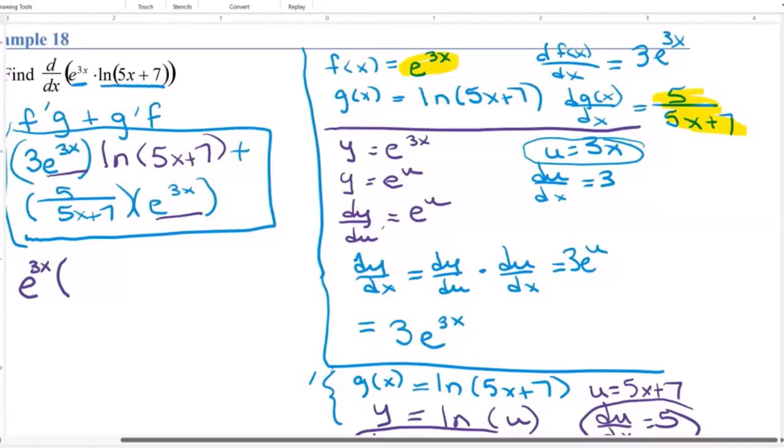And then for this whole term, I have left 3 times ln of 5x plus 7. Plus, well, this is already factored out. So I get 5 over 5x plus 7. And that should be my final answer.